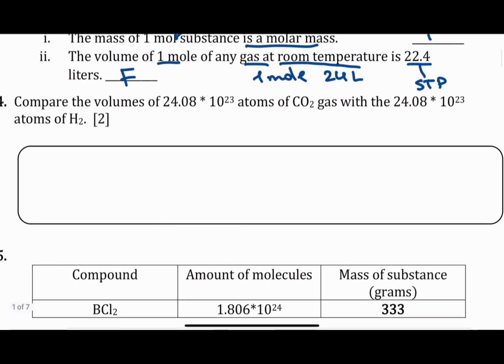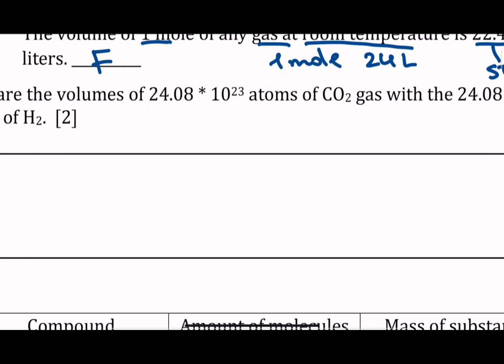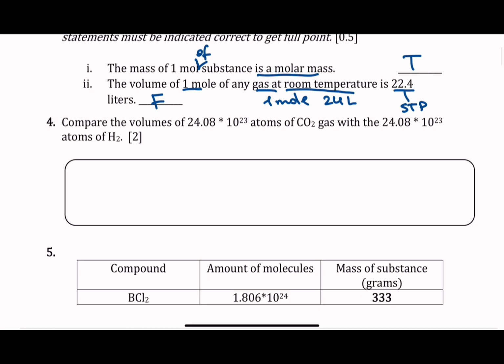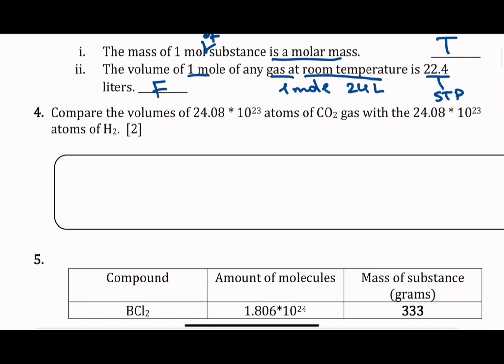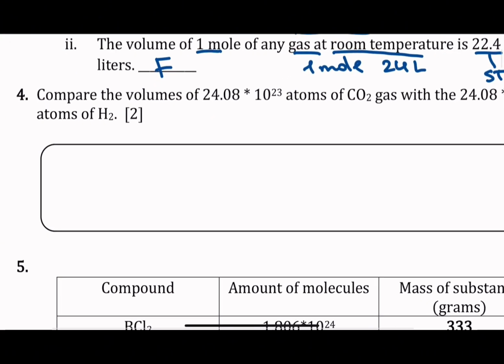Now it says compare the volume of 24.08 times 10 to the power of 23 atoms of CO2 with the same amount of atoms for H2. First thing we need to realize is that we have the exact same number of atoms, right? So as soon as we see these numbers, we divide by the Avogadro number to convert to number of moles.